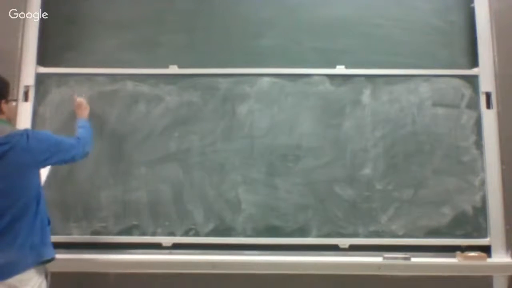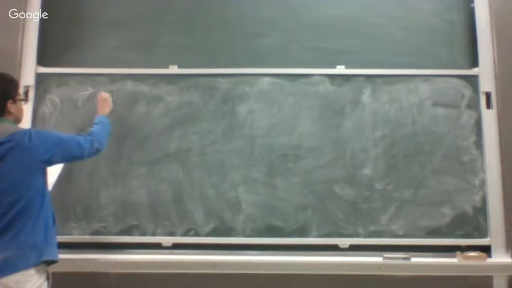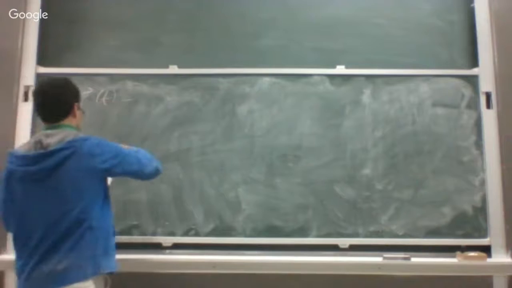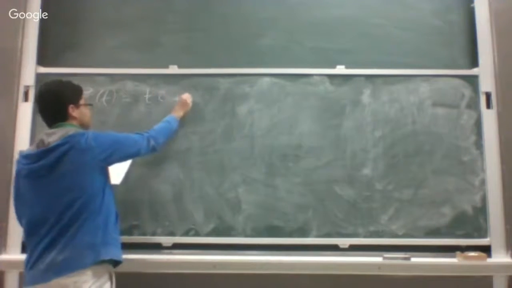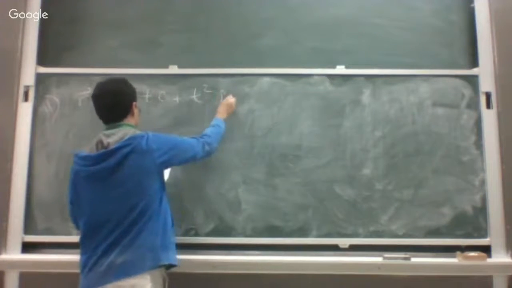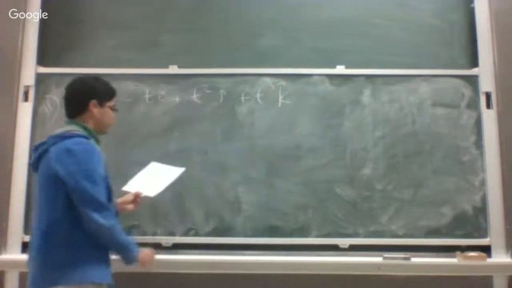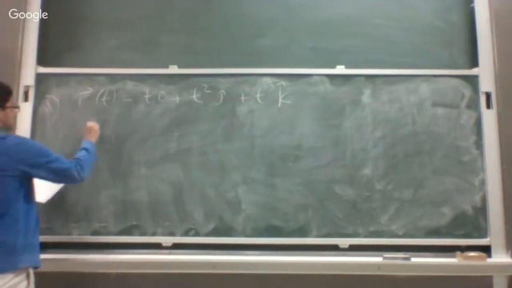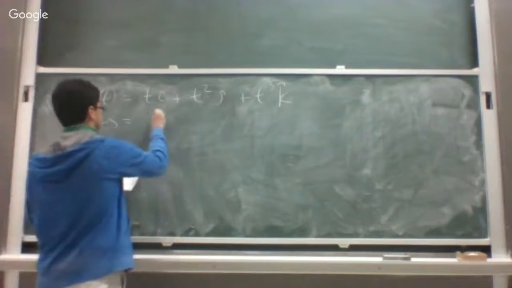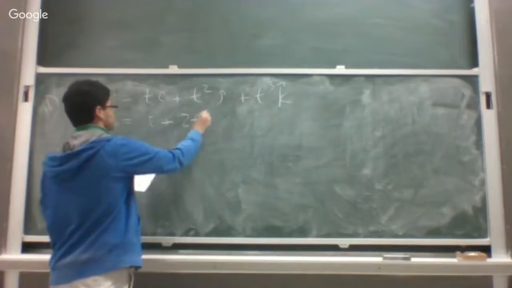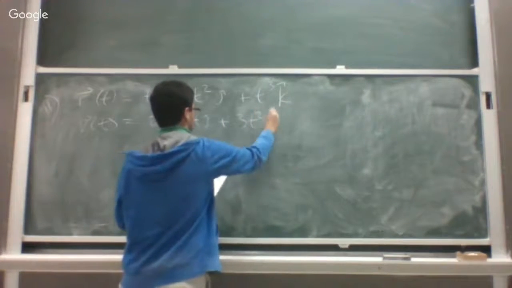We're given the r vector of t equal to ti plus t squared j plus t cubed k. So the velocity vector is what? i plus 2tj plus 3t squared k.